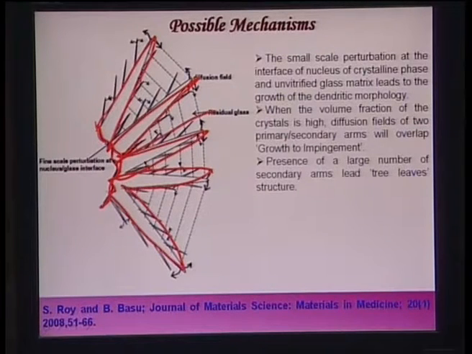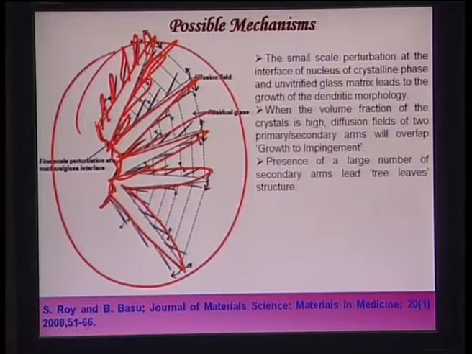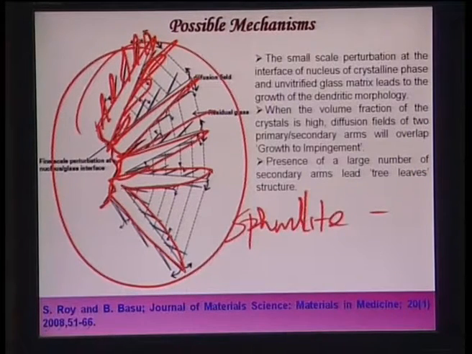From these primary dendrites you also have secondary dendrites, which also grow in the glass matrix, and as a result you form a tree leaf type of pattern, which is what we call butterfly type of crystals. In the literature these kinds of crystals are also known as spherulitic dendritic type of crystals.